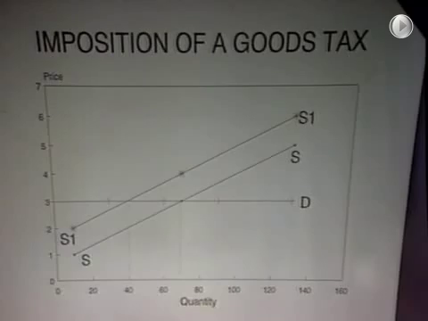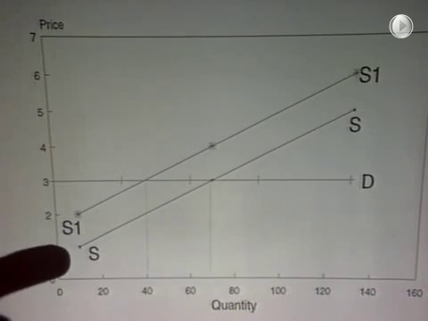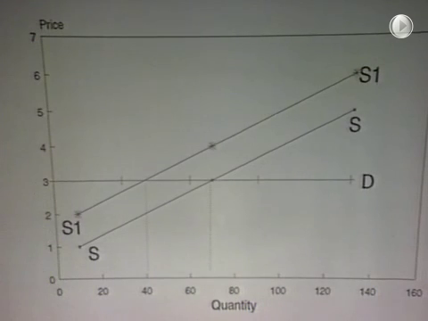The other extreme situation is where we have a perfectly elastic demand curve, horizontal demand curve. Again, we have a situation where a tax is imposed and that shifts the supply curve upwards. But consumers in this situation are unwilling to pay any higher price.